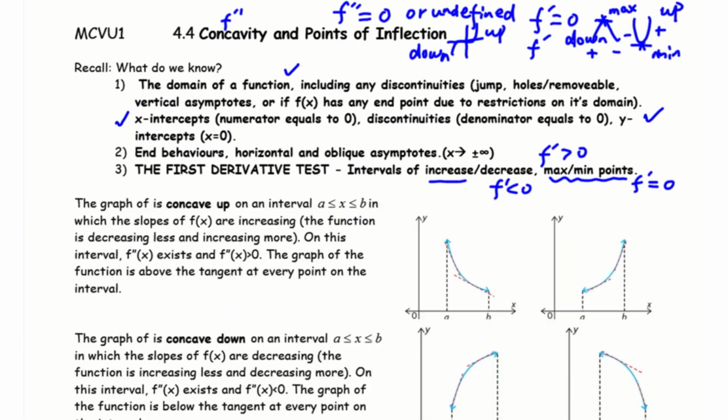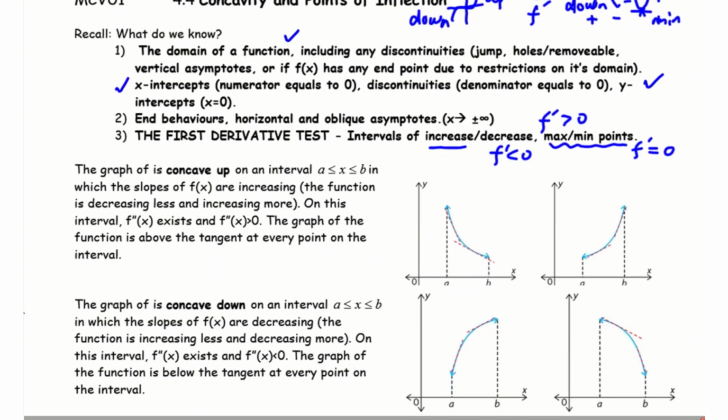These are several graphs to show you concave up and concave down. From A to B, this is a negative slope. This one seems like the negative slope is steeper, and this negative slope is lower.